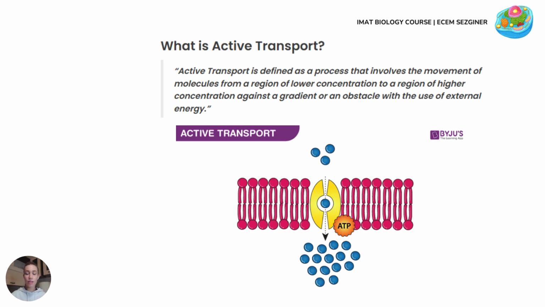So we are working against the concentration gradient. In previous passive transport types, it was our supporter and we were benefiting from that, but in this case, we have to work against it. So it's our challenge, and that's why we need external energy. In this case, at the cellular level, we are going to use ATP.